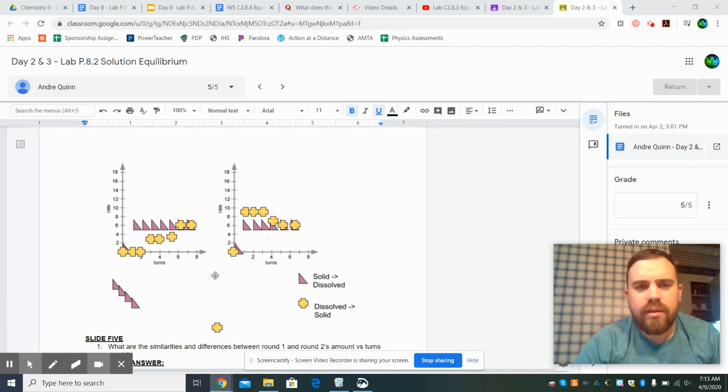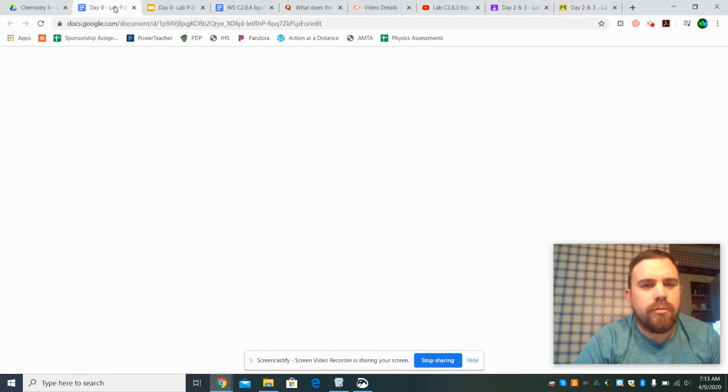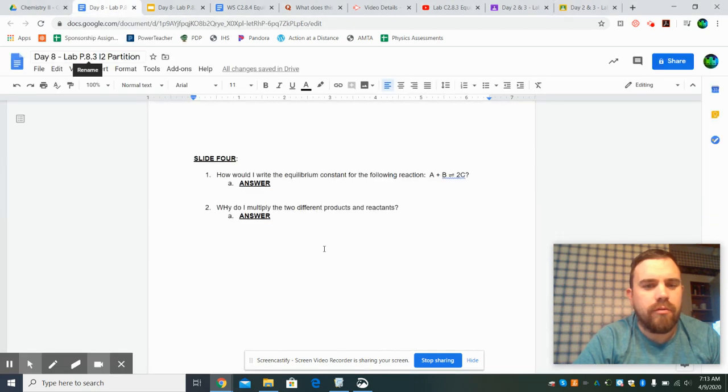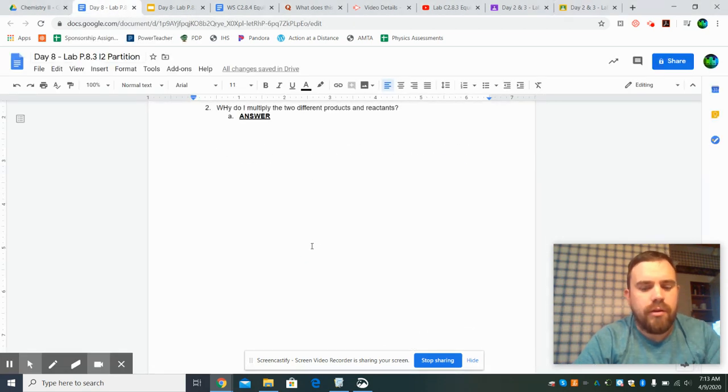Remember that we write the rate equation as being equal to, let me just scroll down here for a second. Let's say we write the rate of the forward reaction should be equal to the constant of the forward reaction times the concentration of whatever the reactants are.